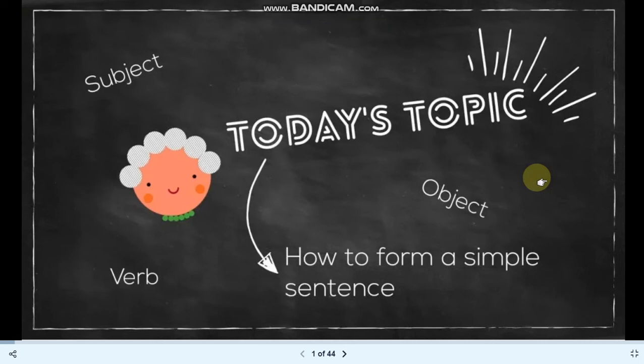And whenever I'm seeing that you already mastered how to write simple sentences, then we can go ahead and construct or create compound sentences, and then hopefully you can compose complex sentences later on. Okay, now let's start.